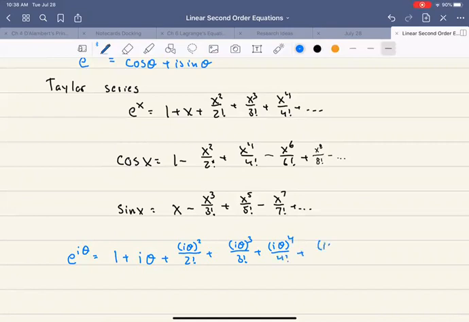Let's do one more: plus i theta to the 5th over 5 factorial. That's e to the i theta.